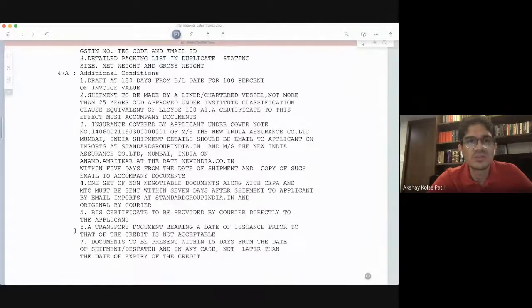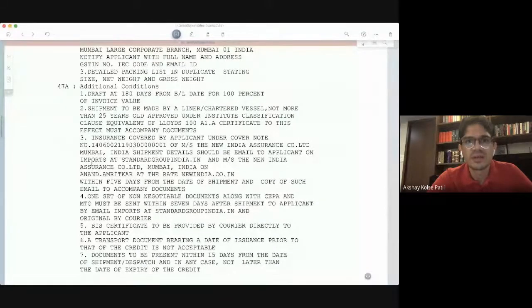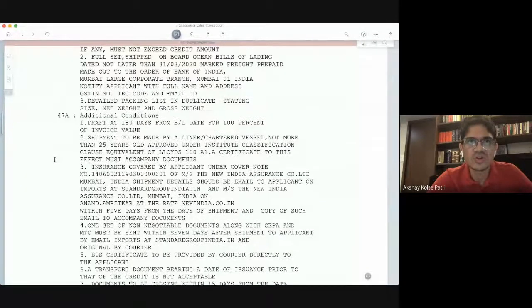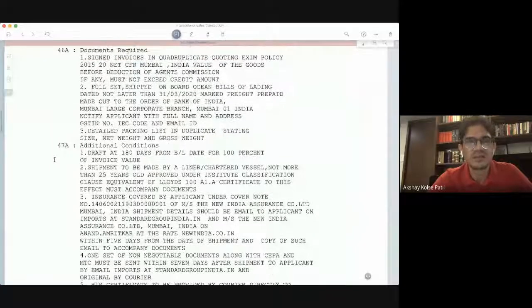So these are the documents, insurance, etc. These are the documents required to be presented by the seller to its bank for forwarding to the buyer.